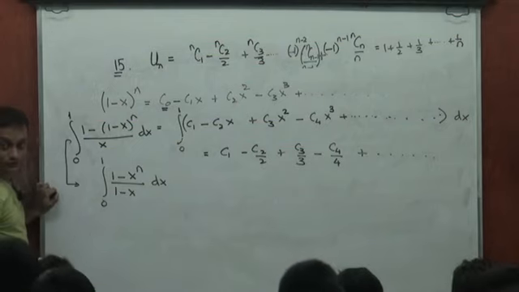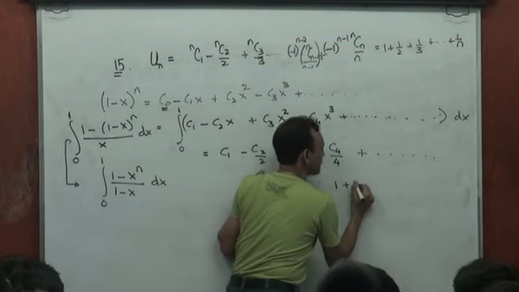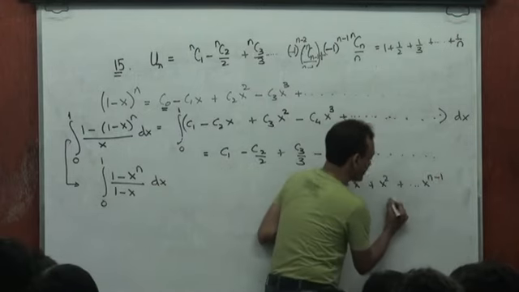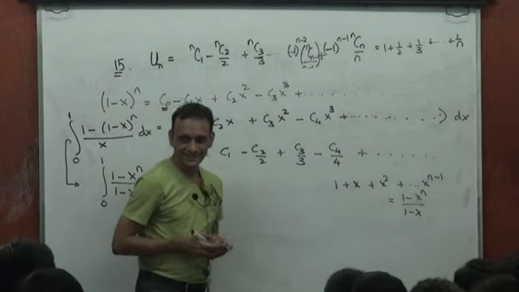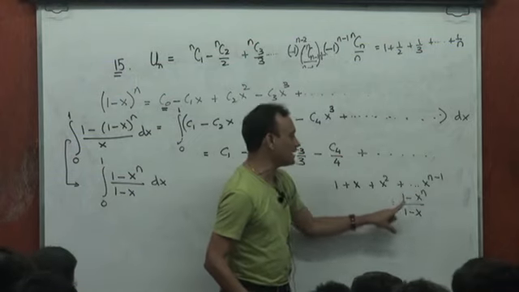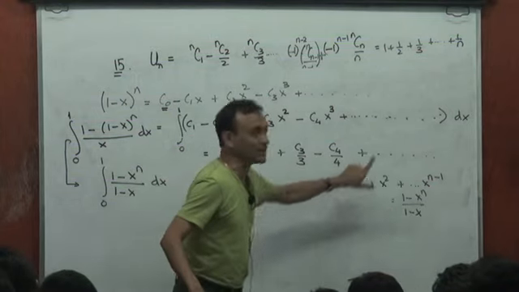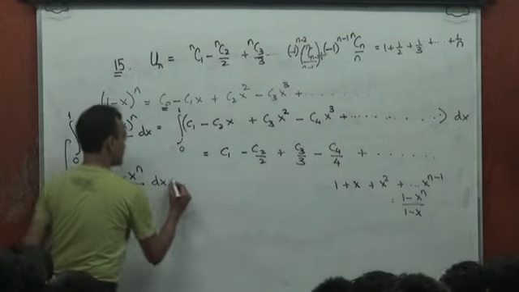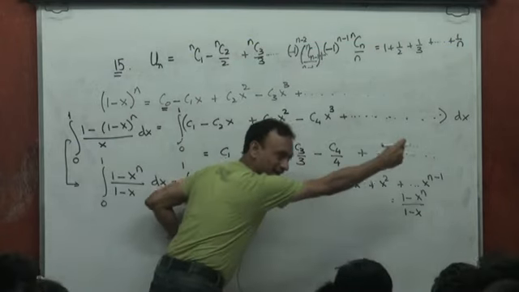Now of course, life is simple because realize that the sum of this GP series 1 plus x squared up to x power n minus 1 is (1 minus x power n) by (1 minus x), common ratio x, first term 1, number of terms n. So this then is integral 0 to 1 of 1 plus x squared, etc.